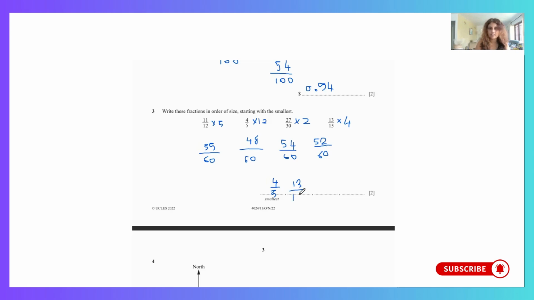After that, the next is 54/60, which is 27/30. And the final is 55/60, which is 11/12. So if you write these four fractions in order, starting with the smallest, the answer will be like this.